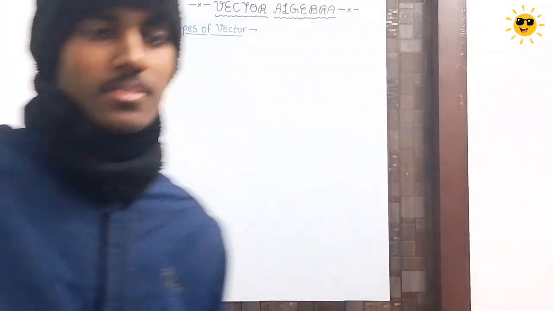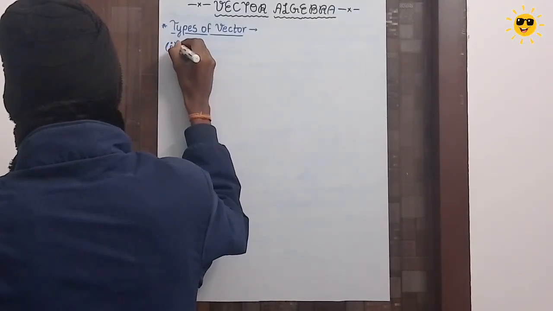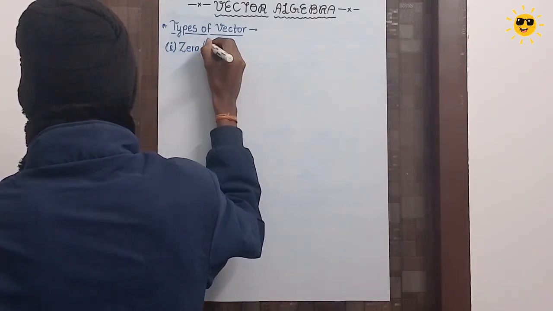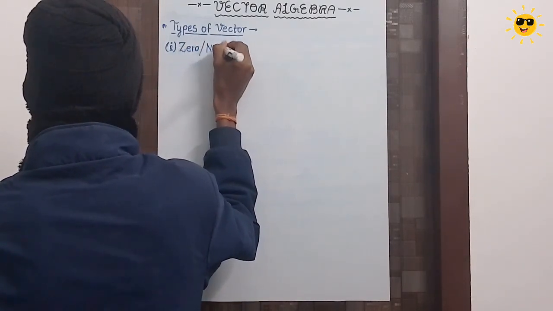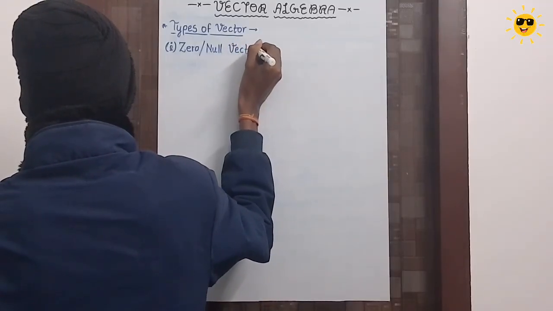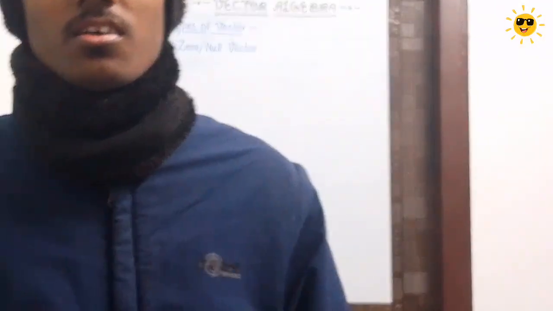Okay, so let's begin. The first vector that we're going to learn is zero vector, or you can say null. Null means 0 too. So what is zero vector? It's nothing very hectic or complex.